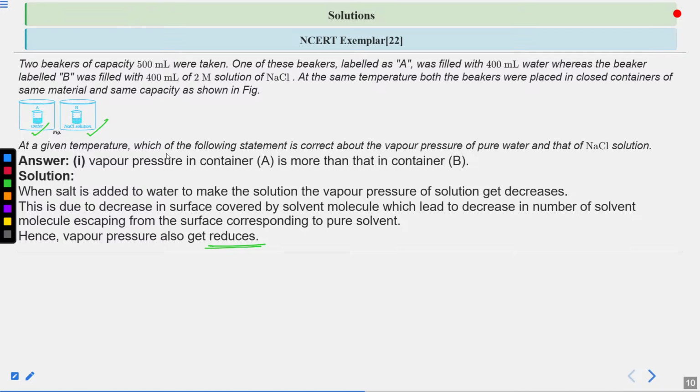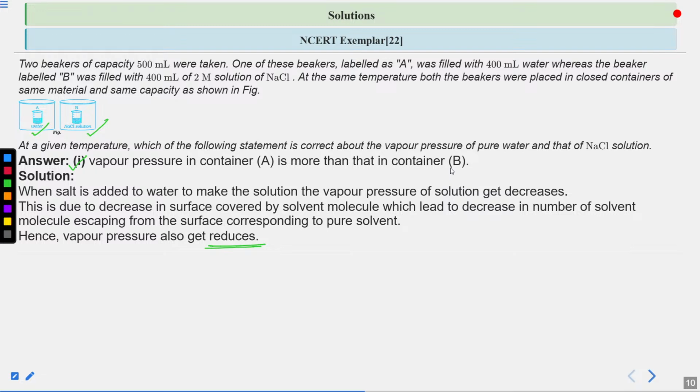That's why the vapor pressure decreases compared to the water in beaker A. Hence, the correct answer is option first, which says that vapor pressure in container A is more than that in container B.